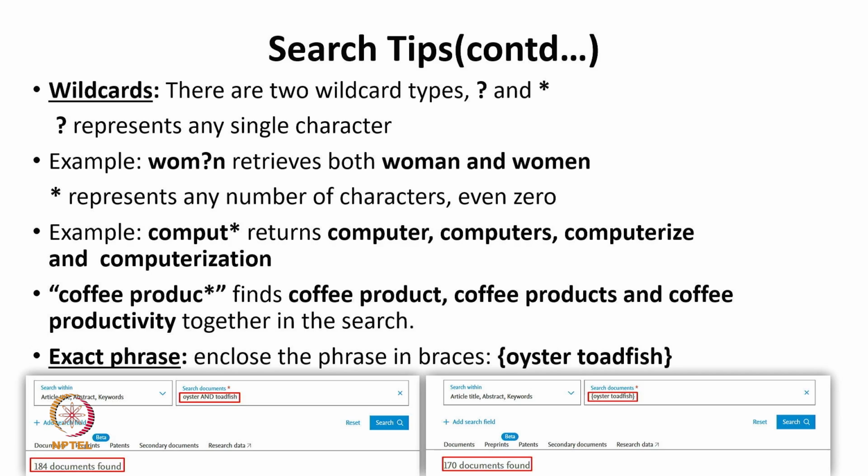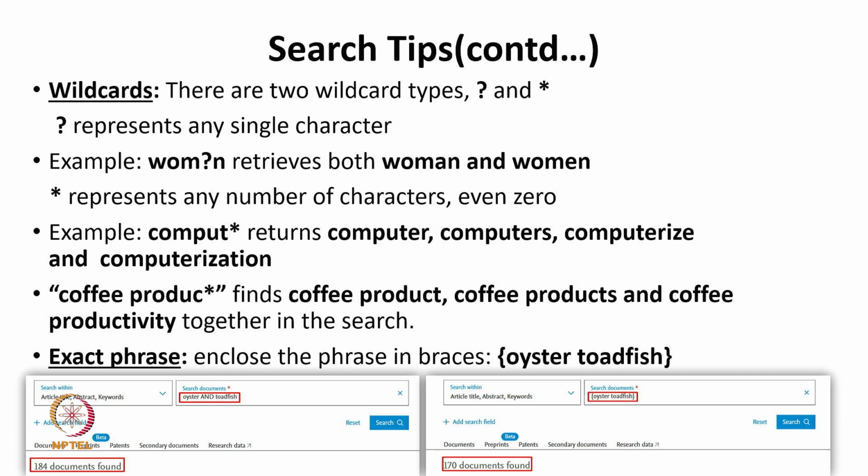For example, COMPUT* will return computer, computers, computerize, computerization. I have already told you about the example coffee, PRODUC* will find coffee product, coffee products and coffee productivity together in a search.